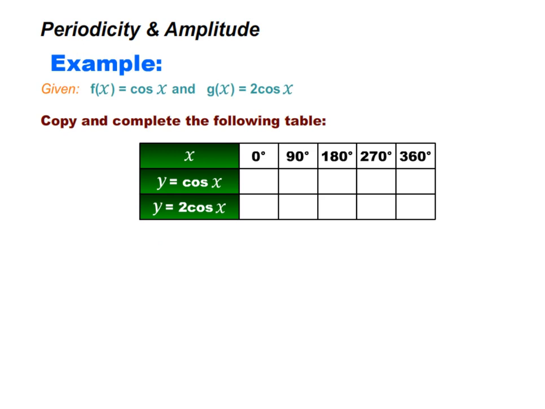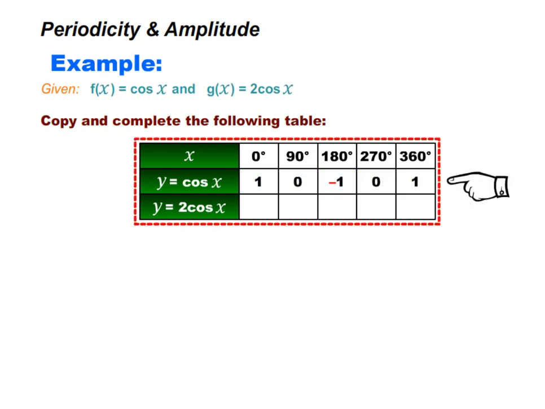To complete the second row, we need to put 0 degrees, 90 degrees, 180 degrees, 270 degrees, and 360 degrees in the equation y is equal to cos x. Our completed second row should look like this. Look at the table.